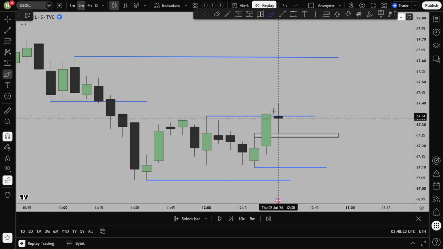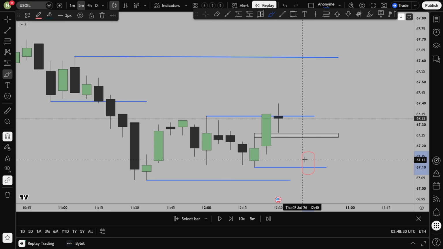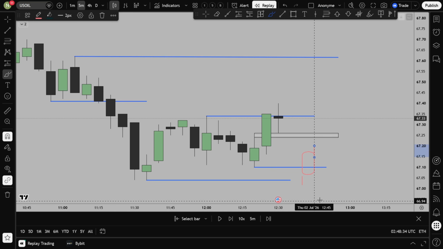So even here, just to make that a short point, we need to have a close or a hard close, not just a wick. The wick is in other decisions that I showed in the last video.